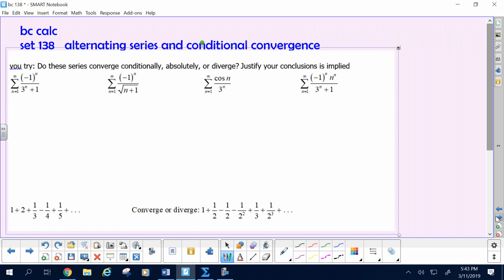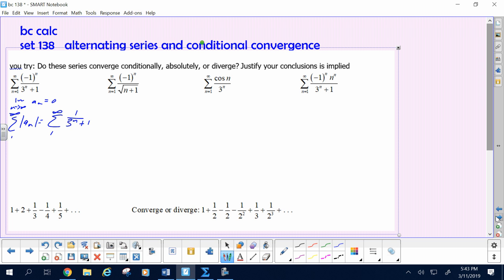This first one, I would say that the terms go to 0, so it has a chance. If we looked at the absolute value of the series, it becomes 1 over 3 to the n plus 1.